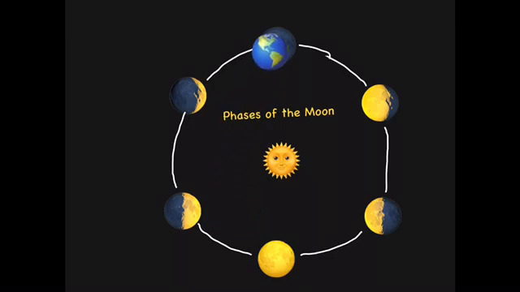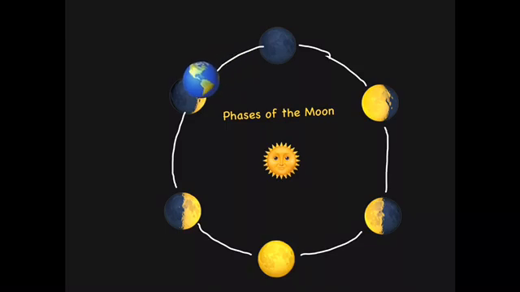So now you might be wondering, well, why in the world does the moon look different on different nights? Well, it's because the Earth kind of gets in the way between the sun and the moon. So there's sometimes when the Earth is sitting right in front of the moon, just like that, and none of the sun's light is able to get to the moon.